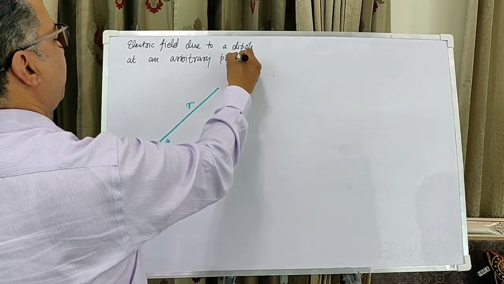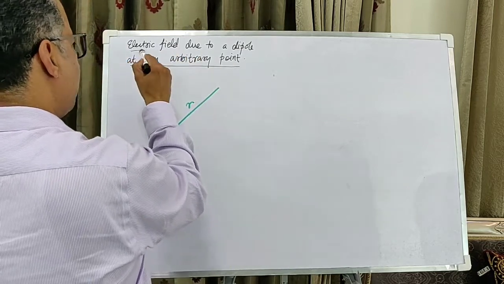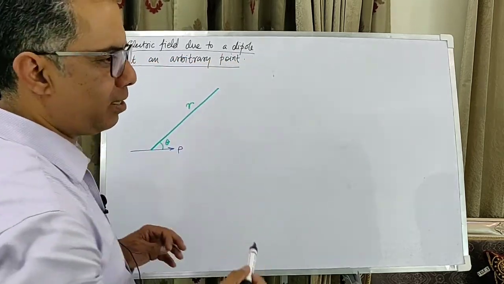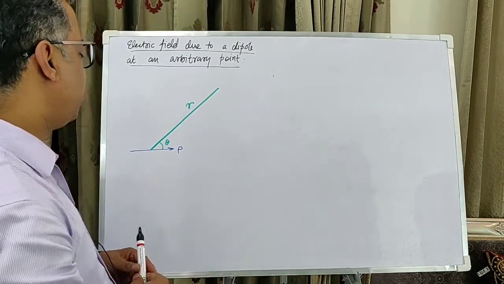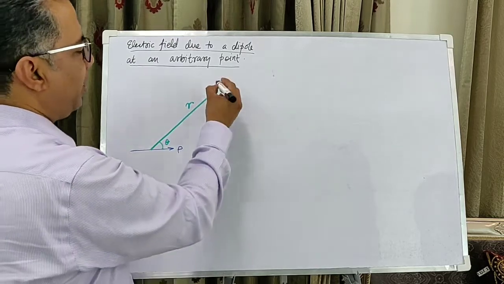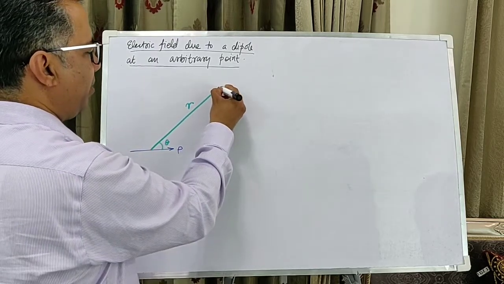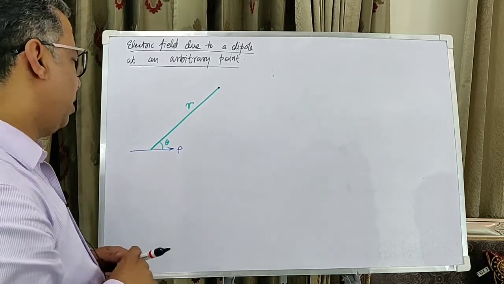Now, by an arbitrary point, what I mean to say is it's not some special kind of point like on the axial line or on the equatorial line. It's some arbitrary point. So it lies neither on the axial line nor on the equatorial line.